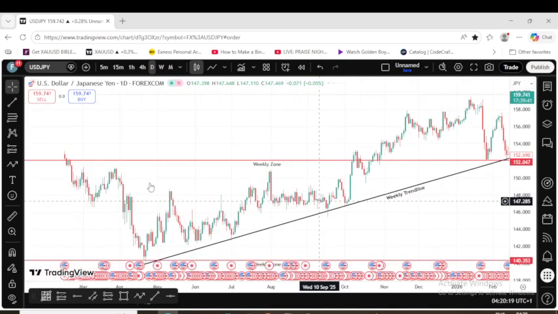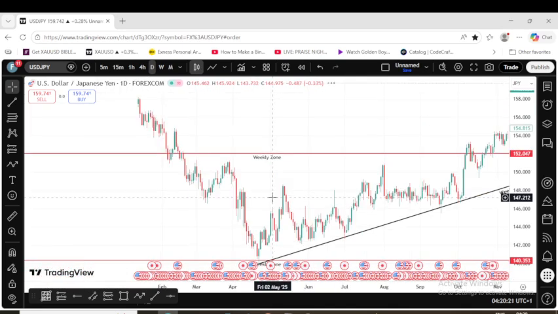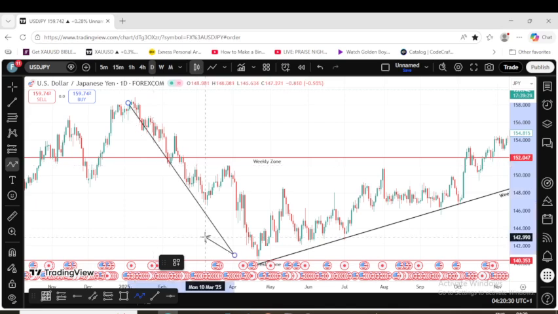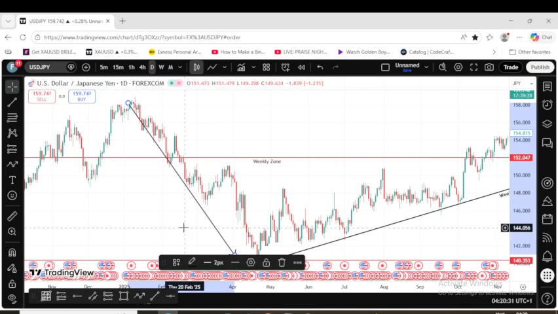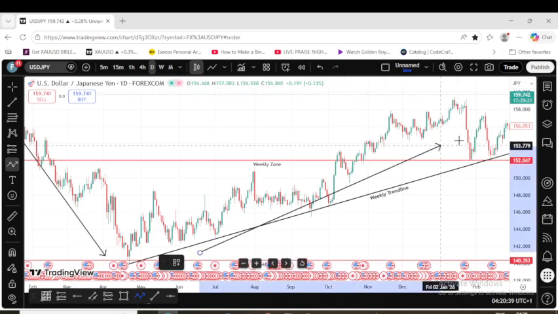So, looking at the current price action, where do we have our trend origin? You can see that from this point, price has been going in a bearish move. But then not long after that, price switched to start going into a bullish move.